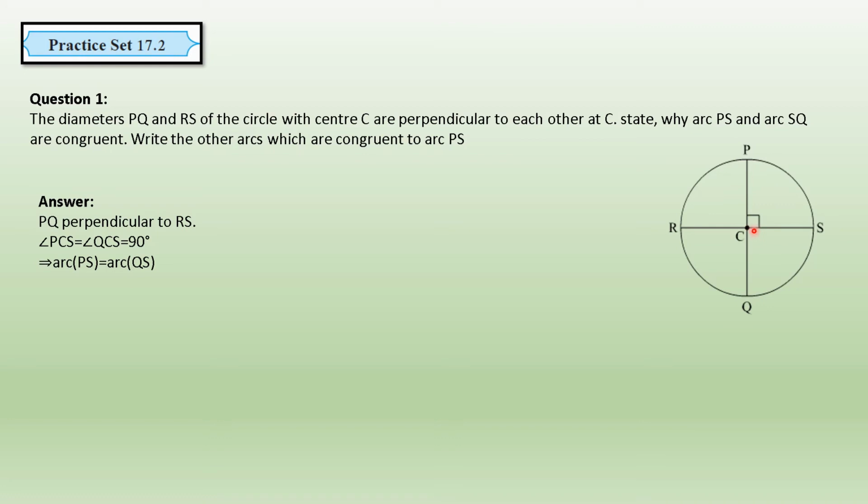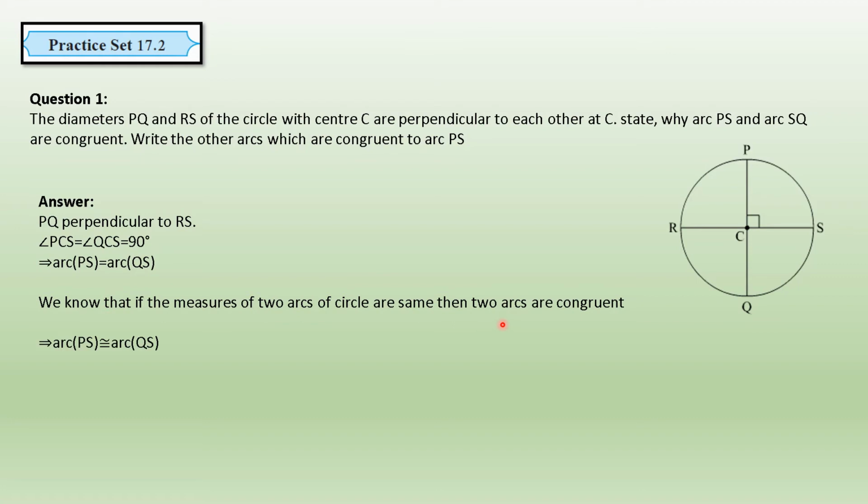So angle PCS is 90 degrees and angle QCS is also 90 degrees, and corresponding to angle PCS is arc PS and corresponding to angle QCS is arc QS. So simply we can state that arc PS will be equal to arc QS. We know that if the measure of two arcs of a circle are same, then the two arcs are congruent.